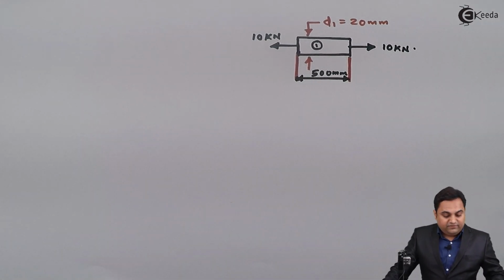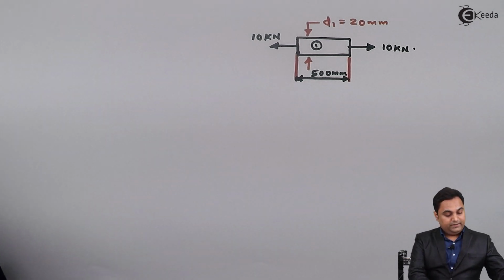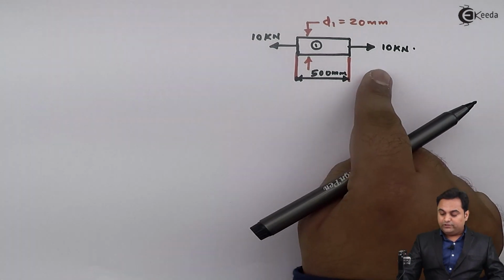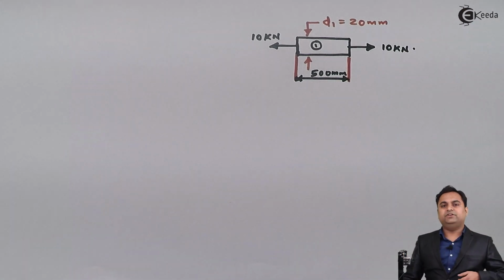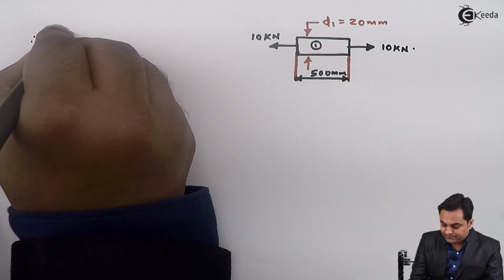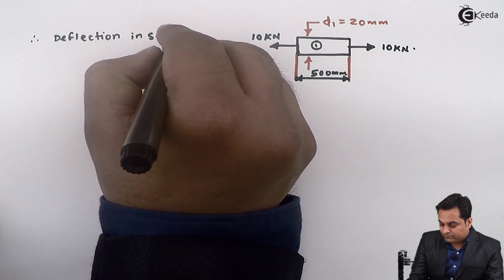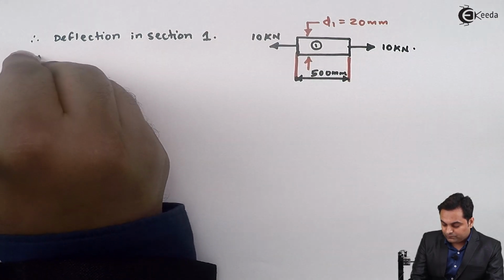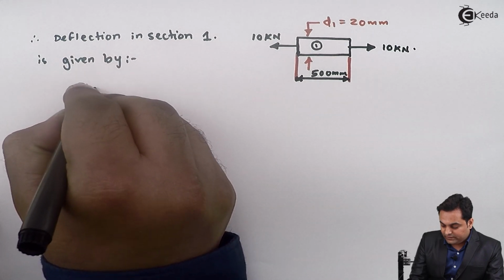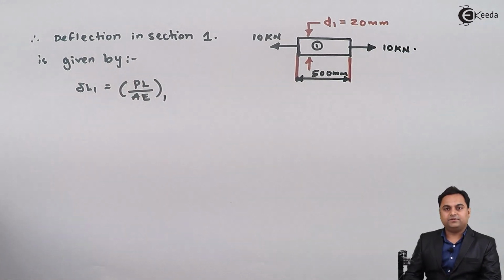And now after we have calculated this load for the first section, after getting the value of load here, I can calculate the deflection of this individual section. So therefore deflection in section 1 is given by delta L1 is equal to PL upon AE for the first section.